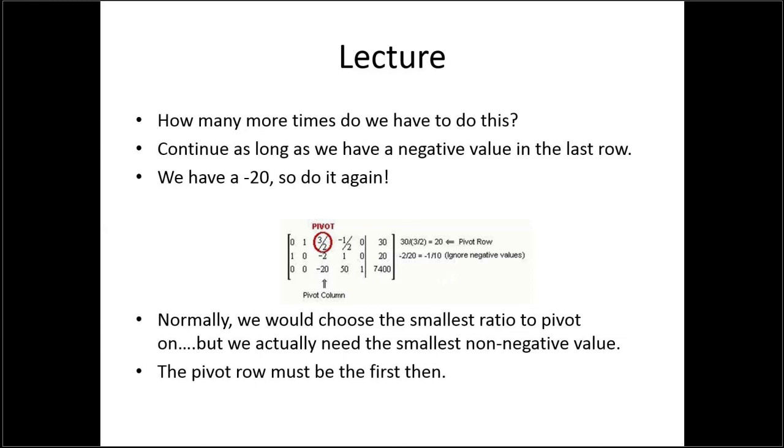So you cannot have a pivot when you have a negative value in the right-hand column. What that tells us is that the pivot itself is going to be 3/2. You can't pivot on a negative, is basically what it comes down to. So we're pivoting on 3/2, not on -2.